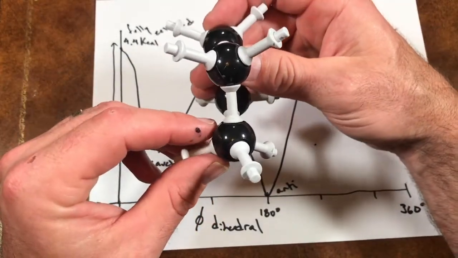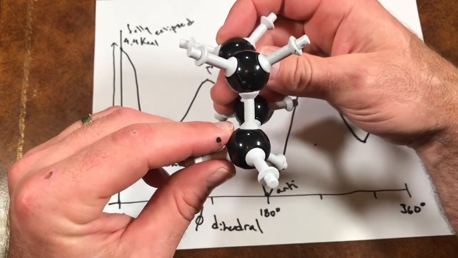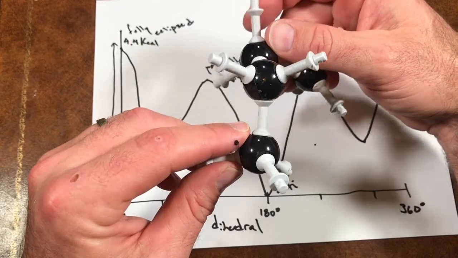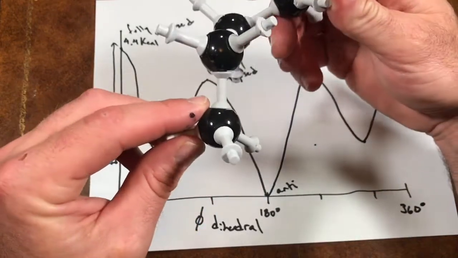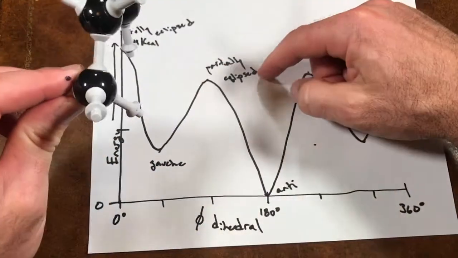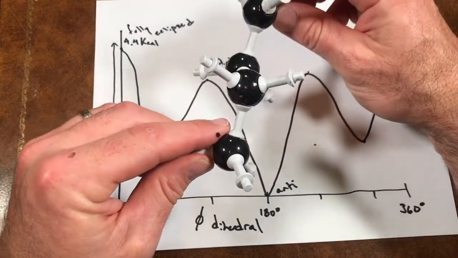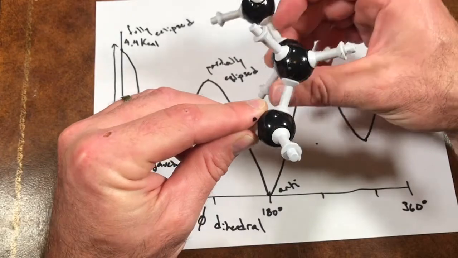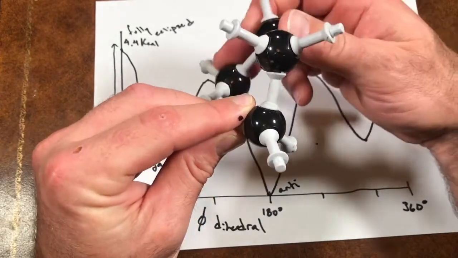Then, let's just rotate it this way, I go to my Gauche. I keep going. Eventually, I get to partially eclipsed. Then eventually I'll go to anti. And then you notice that it just keeps repeating as I rotate this around.